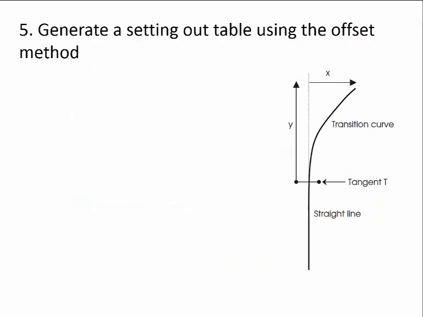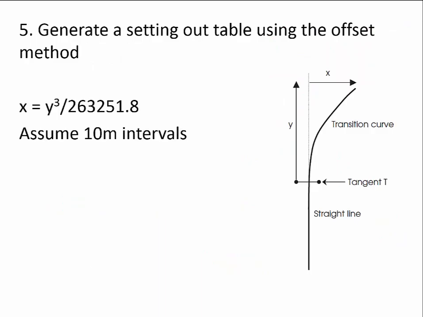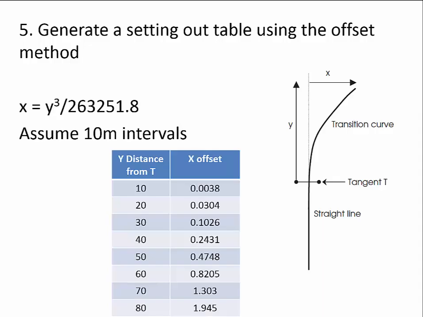Good, let's use that equation to work out the table to offset it. Assume 10-metre intervals. You should probably have an extra one at the top going 0, 0. But so from 0 down here, we've got 10. The offset distance is tiny. It's 4 millimetres. At 20 metres from the tangent point, the offset distance is 3 centimetres.